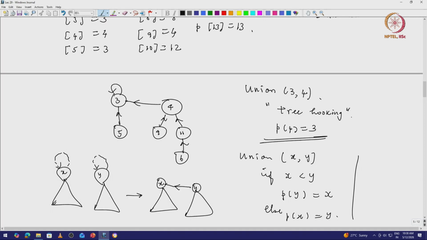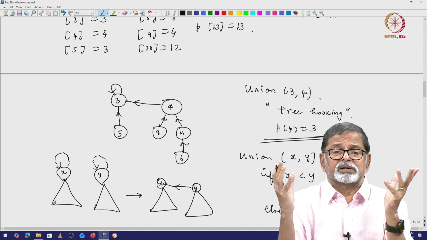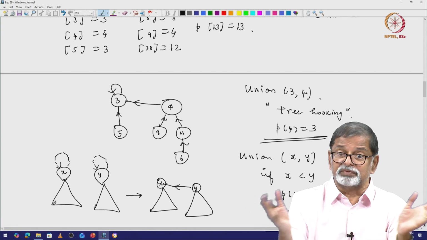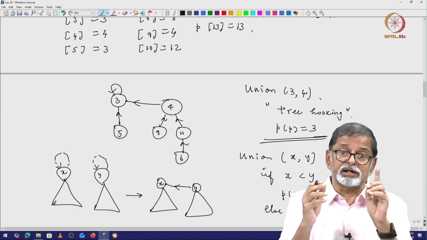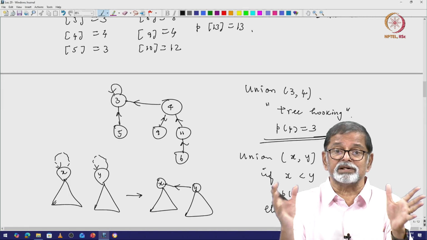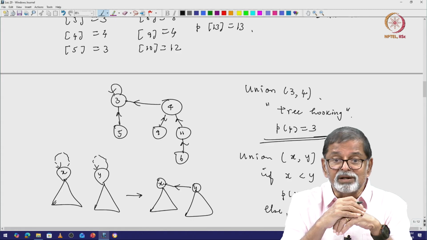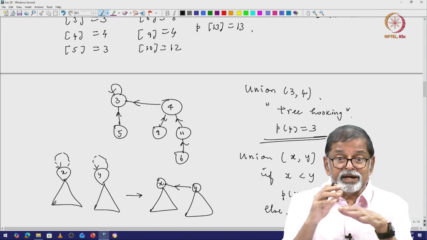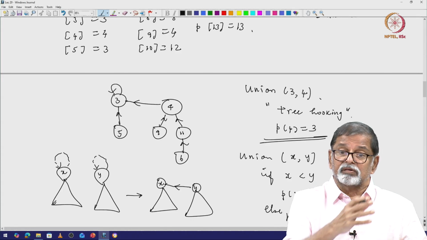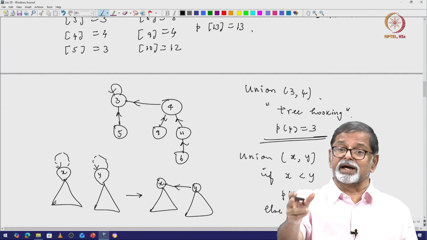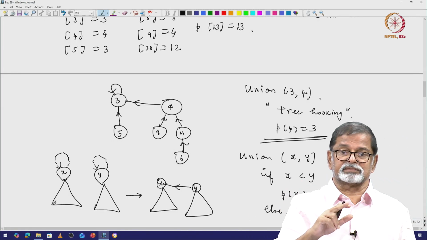X may have 1200 elements, y may have 800 elements, does not matter. The union of these two sets is done in one step. Amazing. The complexity of union under this representation is order 1. In our earlier representation, we went through the entire array, wherever y was there, we would change to x.